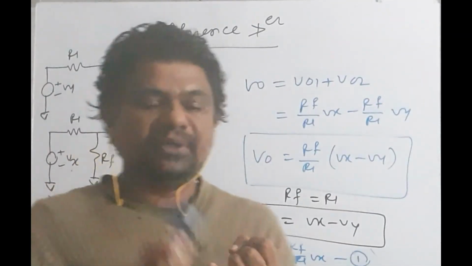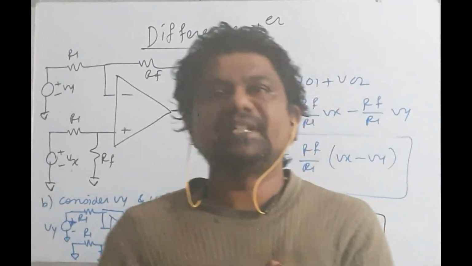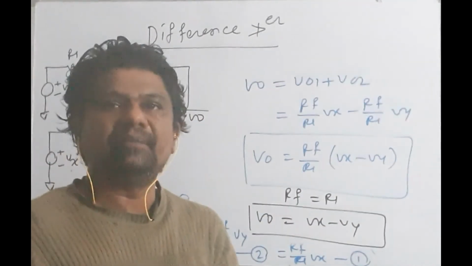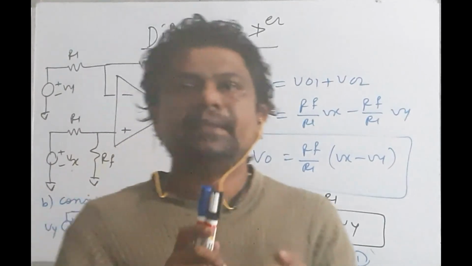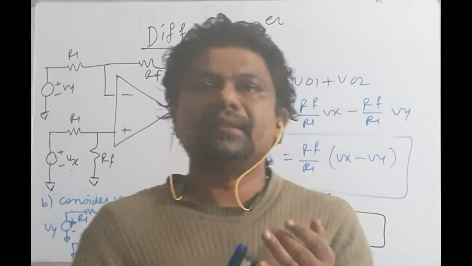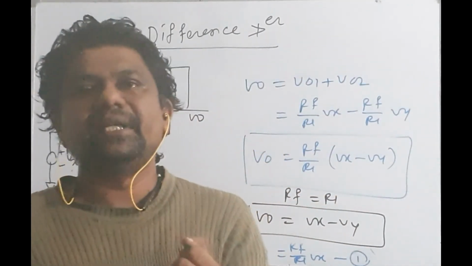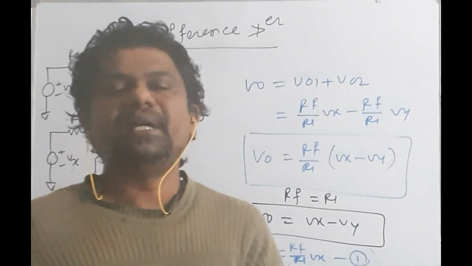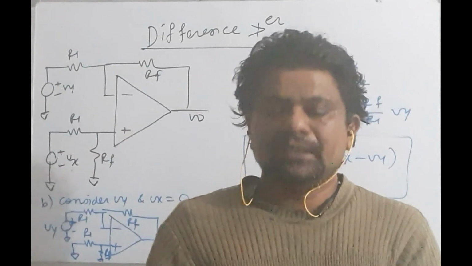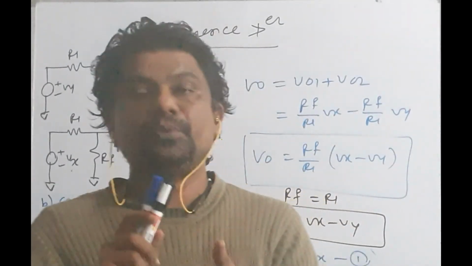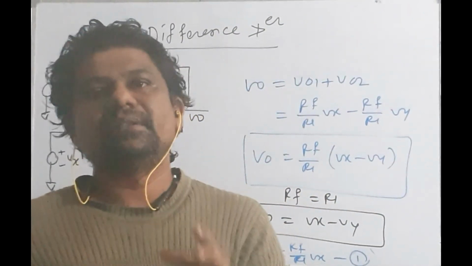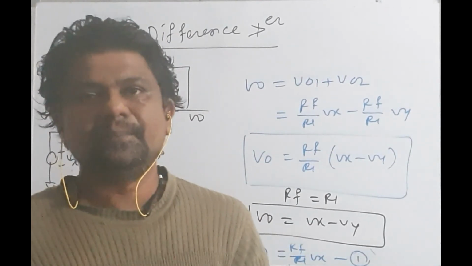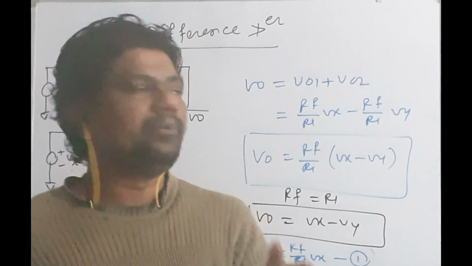So you need to understand the difference amplifier, then summing amplifier, then log amplifier, anti-log amplifier, then integrator, then how to perform the derivative, how the output is proportional to the derivative of the input, then how it is used for filtering operations, how it is used for generation of the square wave, how it is used to generate a triangular wave, or how it is used as a first order filter, second order filter, Butterworth filter, or Chebyshev filter.